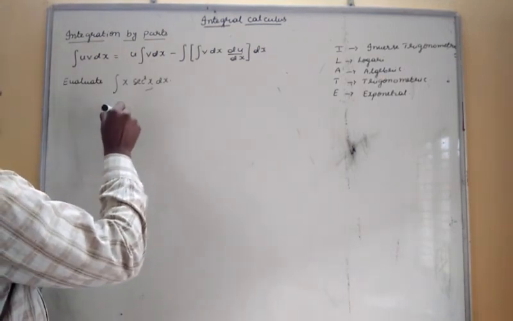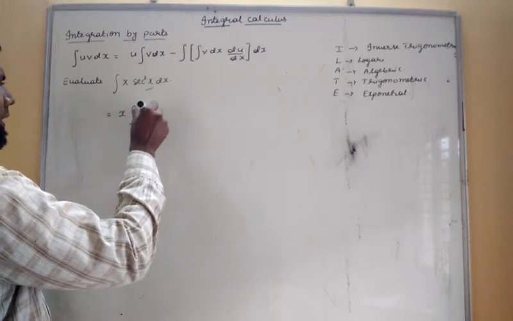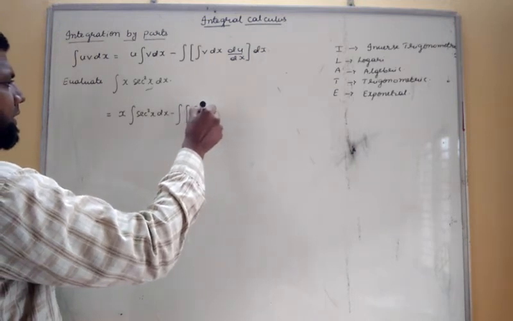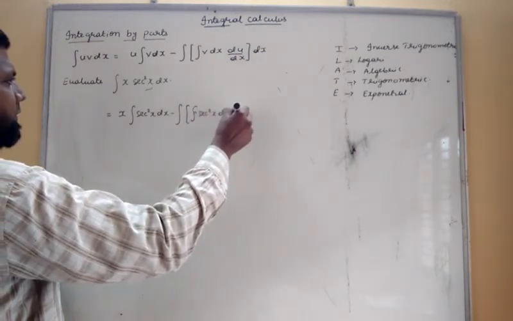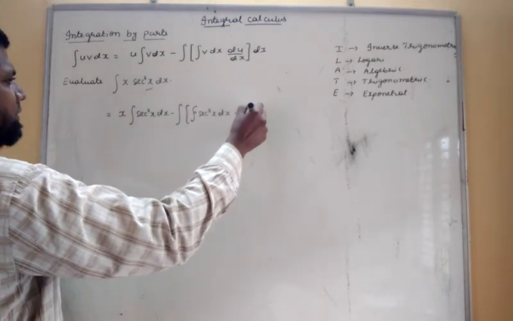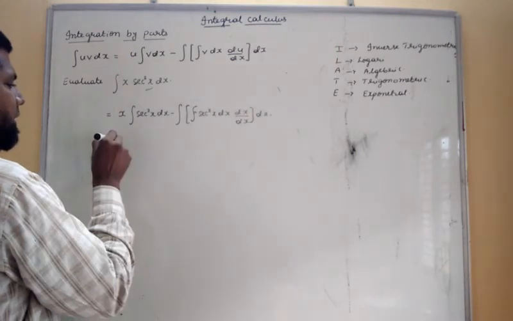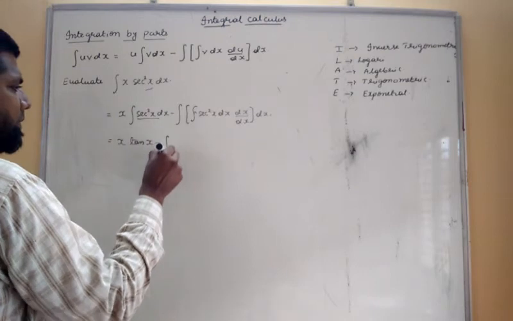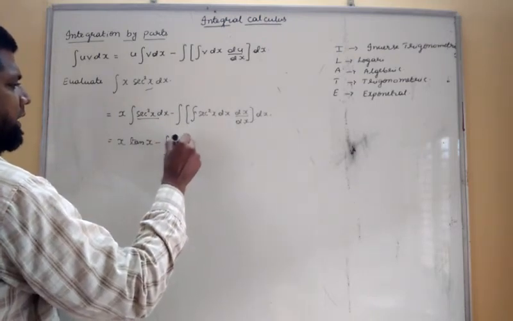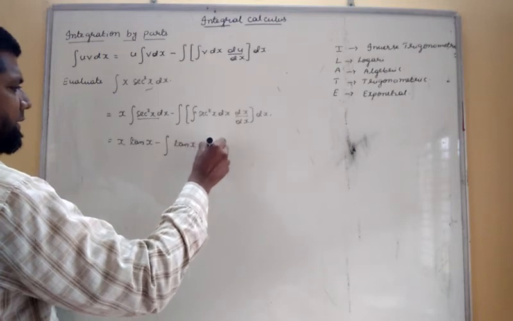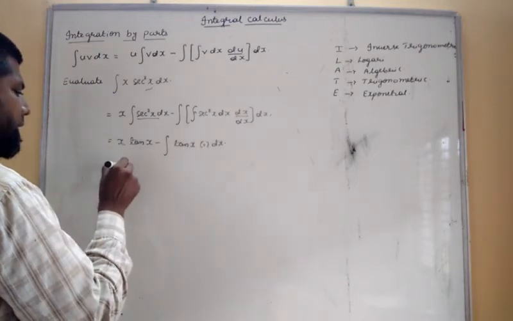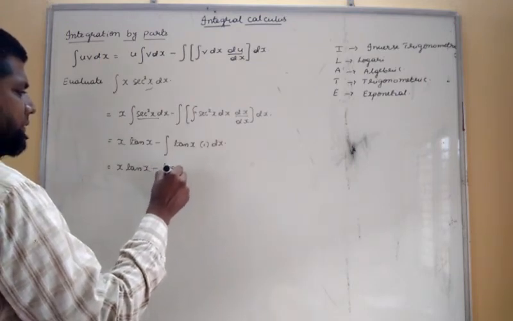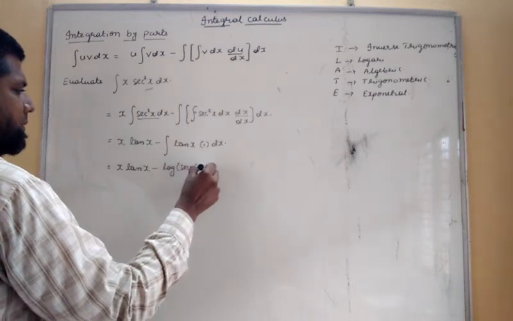So first function times integration of secant square x dx, minus integration of integration of secant square x dx times differentiation of x. Here x as it is, integration of secant square x is tan x, minus integration of tan x, differentiation of x is 1. Then x tan x minus, integration of tan x is log of secant x, plus c.